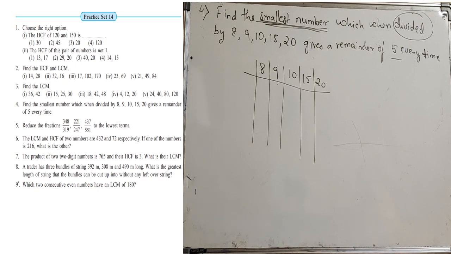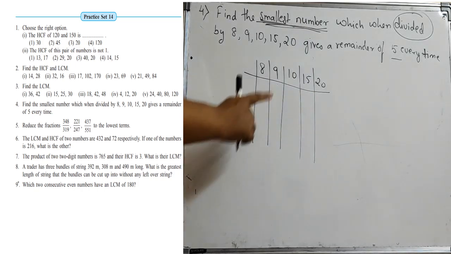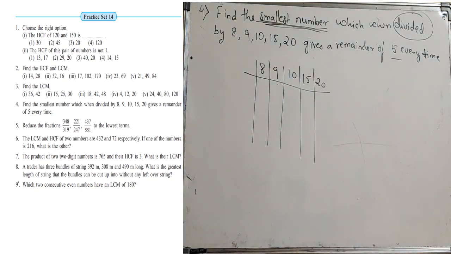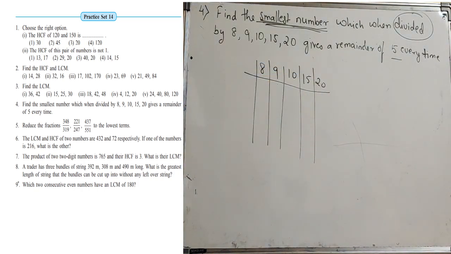You can have 2 which divides 8, 10 and 20, but 2 does not divide 9 and 15. You can have 3 which divides 9 and 15 but does not divide 10, 20 and 8. So what we are going to do is keep on factorizing each number by the smallest factor until we can divide it.